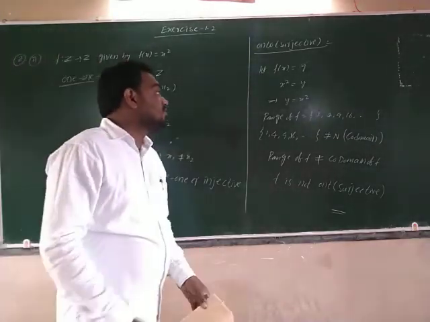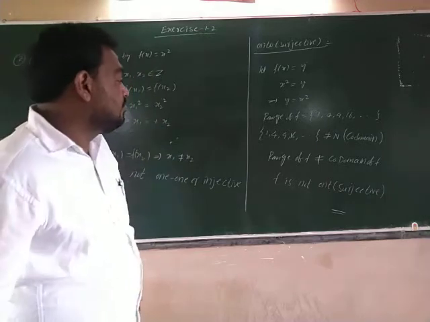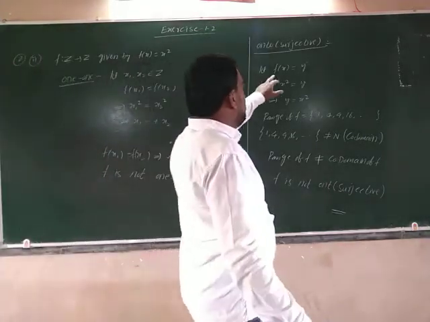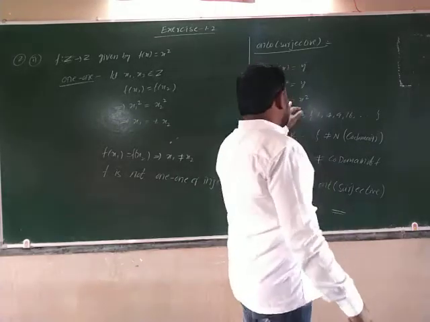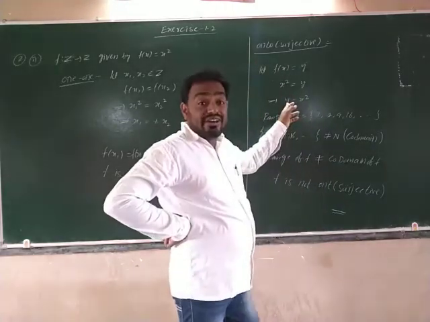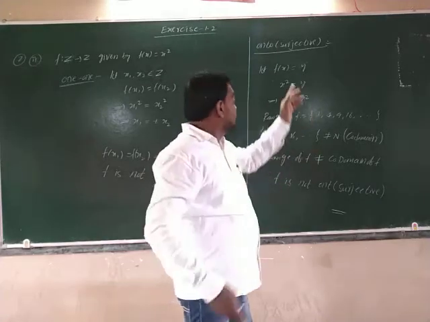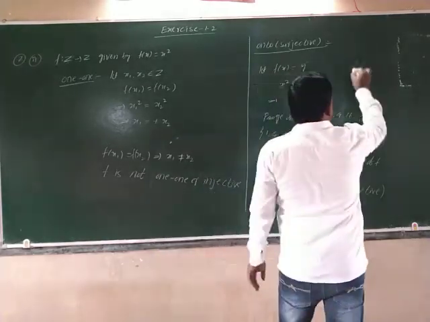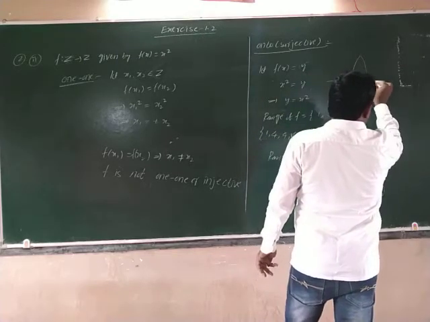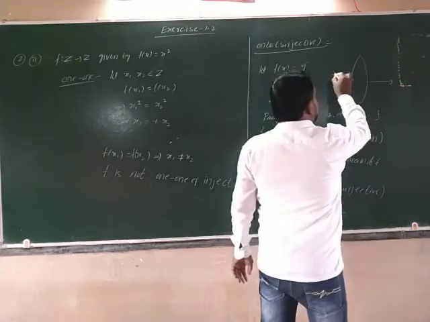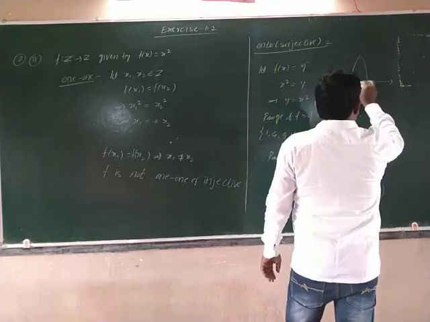Next coming to onto. Same, f of x is equal to y, x square is equal to y. Y means what? Range, output. X is the input. Here this is the machine. This is input. After the input we are getting some output. These input values are x. This is the function.